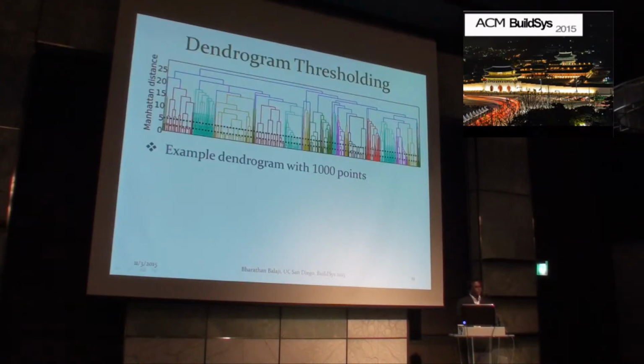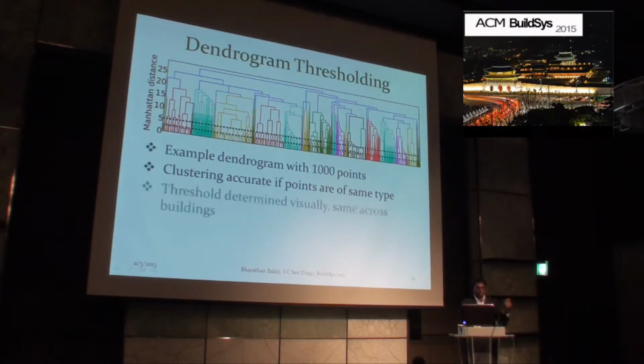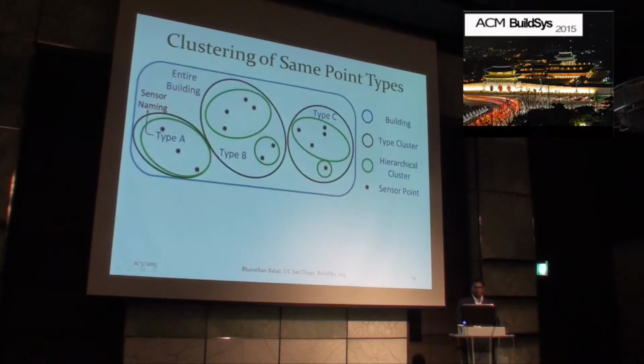When we look at the dendrogram at a larger scale, like 1,000 points or 10,000 points, this is what it looks like. And visually, there are only 2 or 3 points which make sense to obtain accurate clusters, where each cluster consists of the same point. And we just did this empirically because there were 2 or 3 options, and because all of our buildings have the same domain and similar structure, the same threshold works for all different problems.